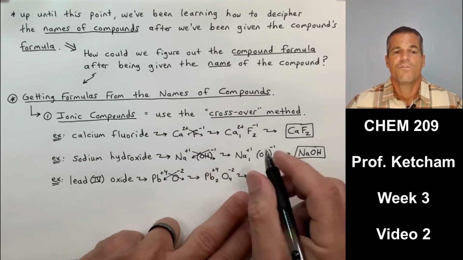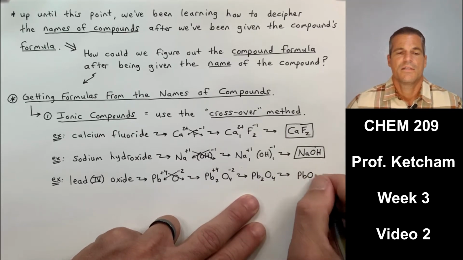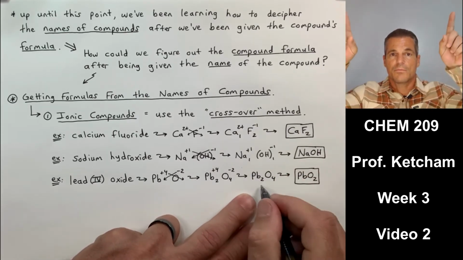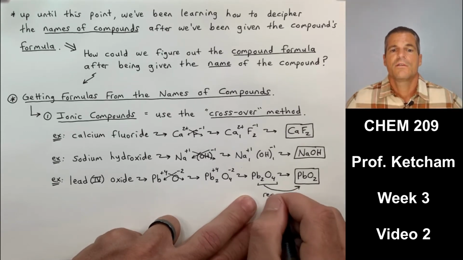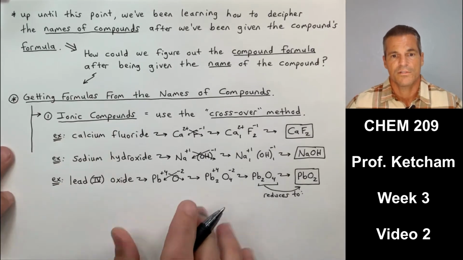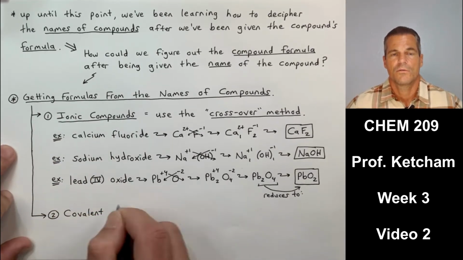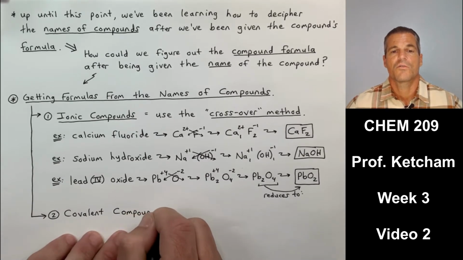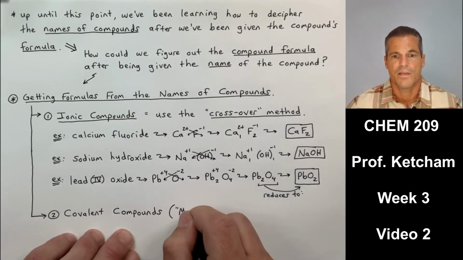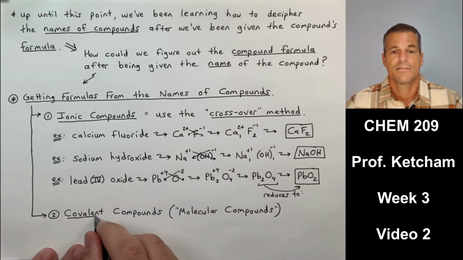So lead 4 oxide, well, Pb4+, next to an O2-, we cross the plus 4 and the minus 2. We get Pb2O4, which we can reduce to plain old PbO2. Okay, so this is called the crossover method or the crisscross method. I do this all the time in lecture when I'm in front of my class.